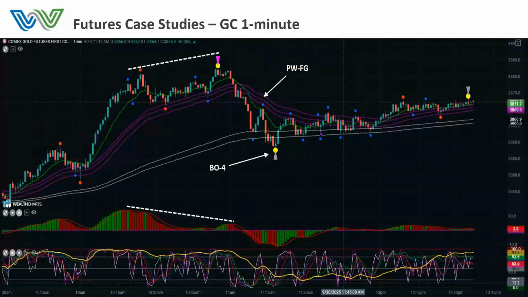Here's gold, also on the 1-minute chart. Now, obviously, if you're going to trade on the 1-minute chart, it's a day trade. So you need to do a lot more analysis than just buying here. You've got to be bullish on the day. You've got to do your analysis first, look at your market map on the bigger time frame. You're not just going to trade these signals.